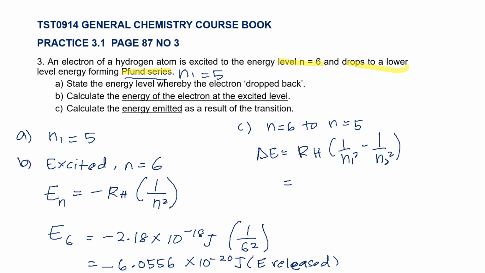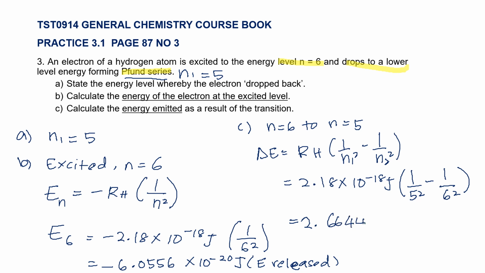We substitute the value of RH, 2.18 times 10 to the power of negative 18 joules, times 1 over 5 squared minus 1 over 6 squared. The answer will be 2.6644 times 10 to the power of negative 20 joules.